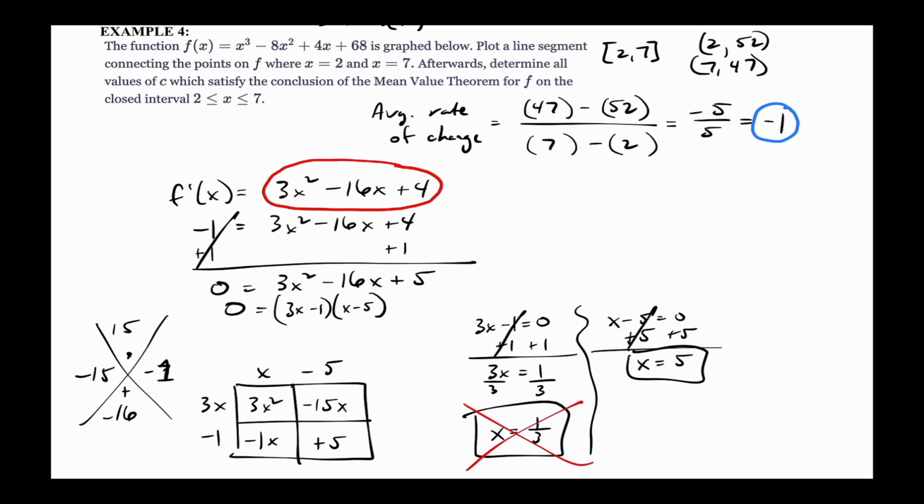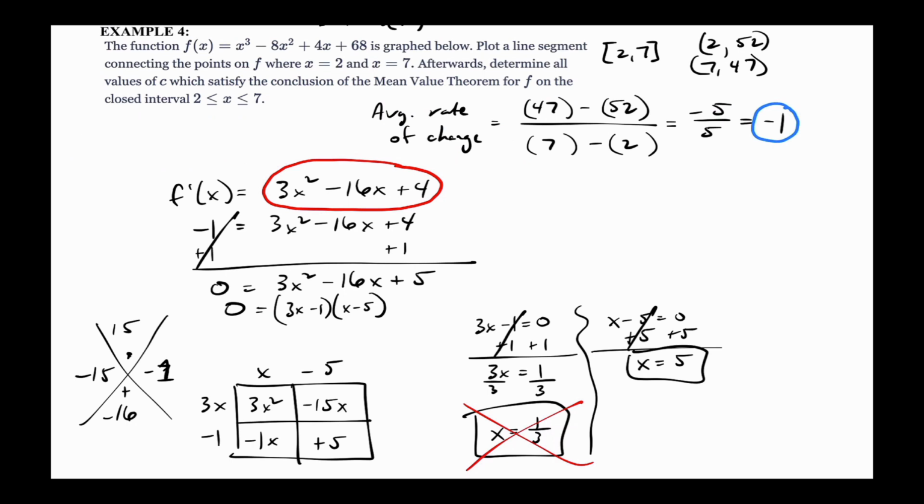Okay, first step. Second step, find the derivative of the original. So the derivative was 3x squared minus 16x plus 4. That's step 2. Step 3, set them equal to each other and solve. So I set them equal to each other, added 1 to both sides, set it equal to 0. It's a trinomial.